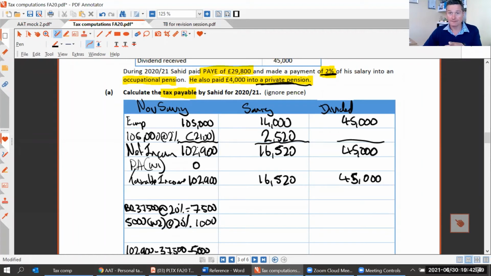Now, be careful, because what dictates if you are an additional rate tax payer is if you pay tax at the additional rate. Now, be careful, because we have extended our basic rate band. We're also going to extend our higher rate band. So our higher rate band wouldn't be £150,000, it would be £155,000.